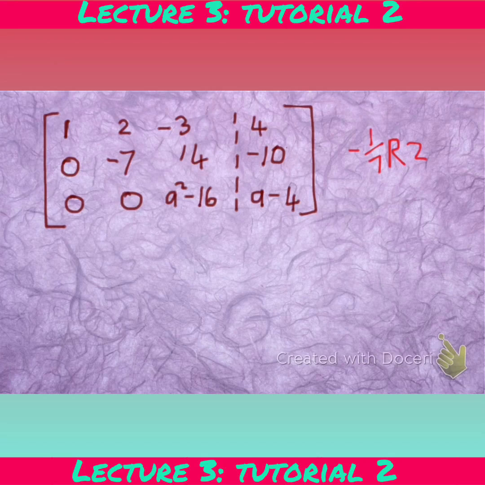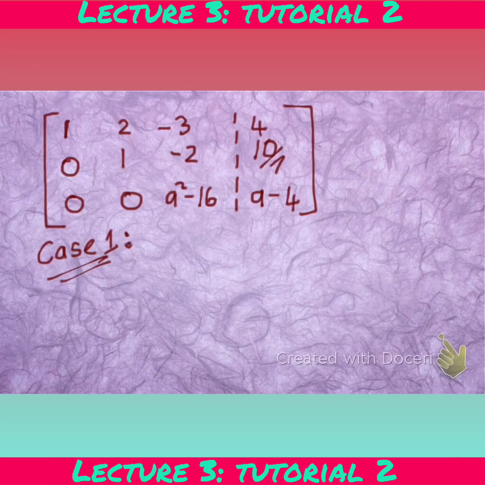So the first entry is going to become 1, the second entry is going to become minus 2, and the last entry is going to become 10 over 7. Right, so let us consider the first case.